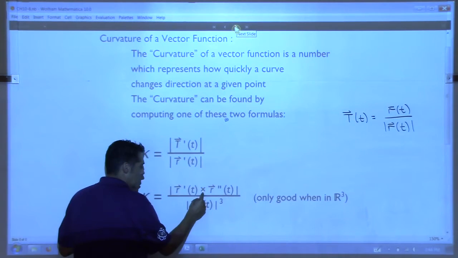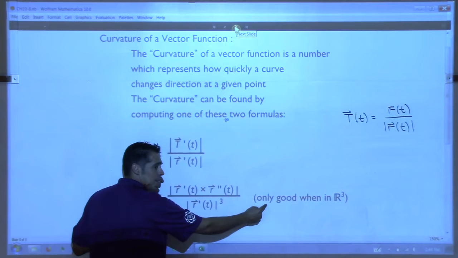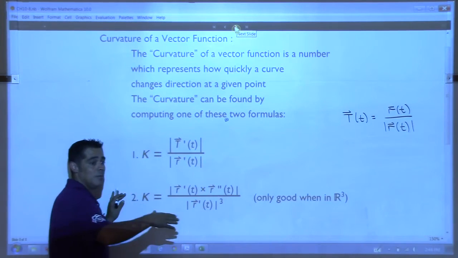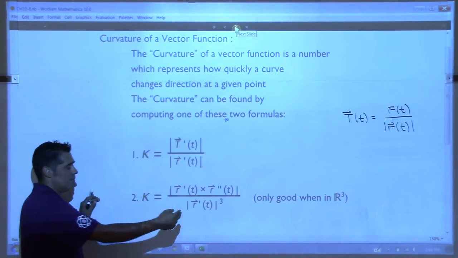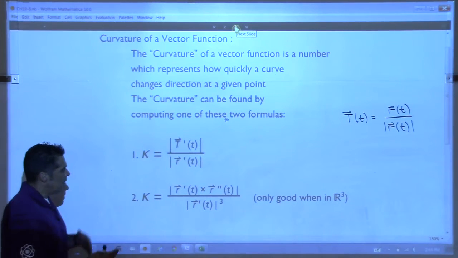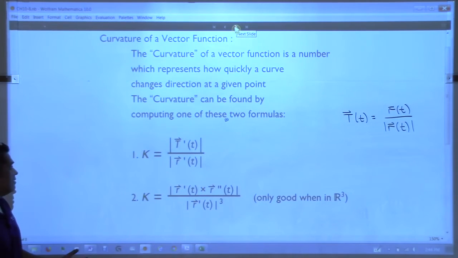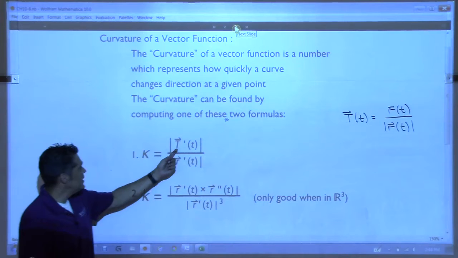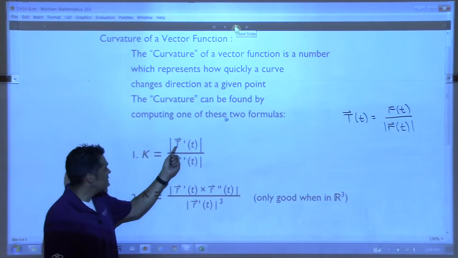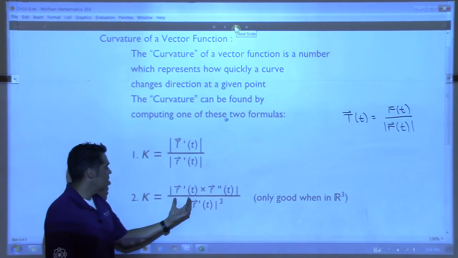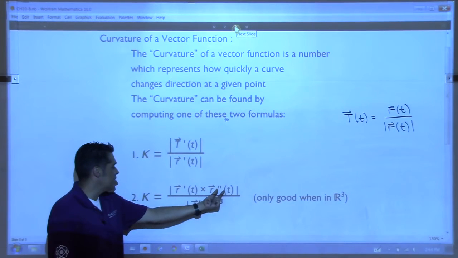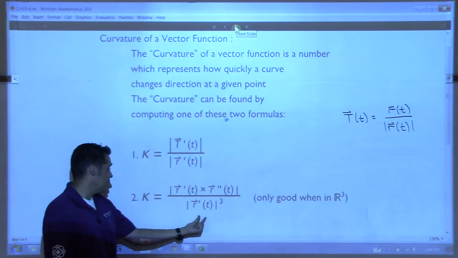Since it involves a cross product, we'll have to be in three-dimensional space, which means if we're in 2D, we have to extend it to 3D to use this. The computations are very different. For this one, you have to get the derivative of capital T of t. Here, you just do the first and second derivatives, cross them, then divide by the first derivative cubed.